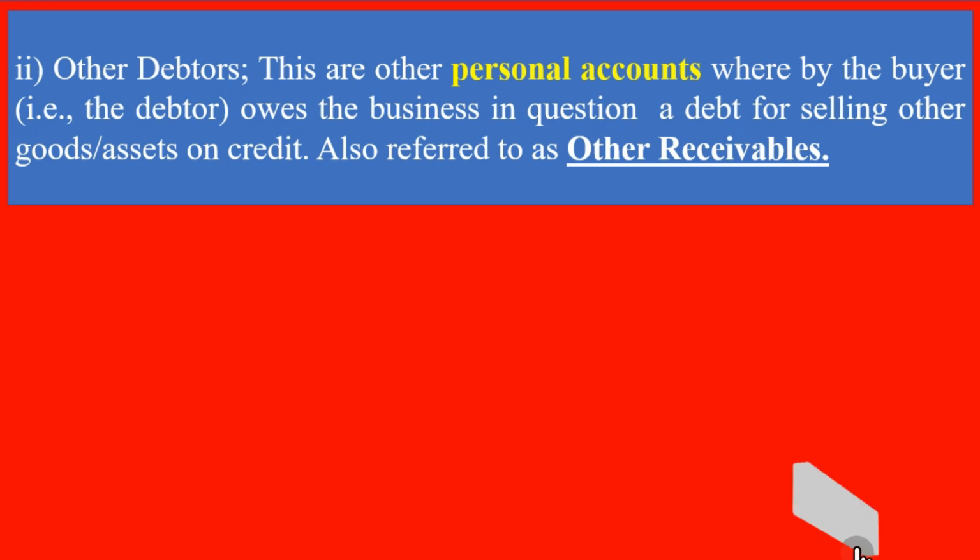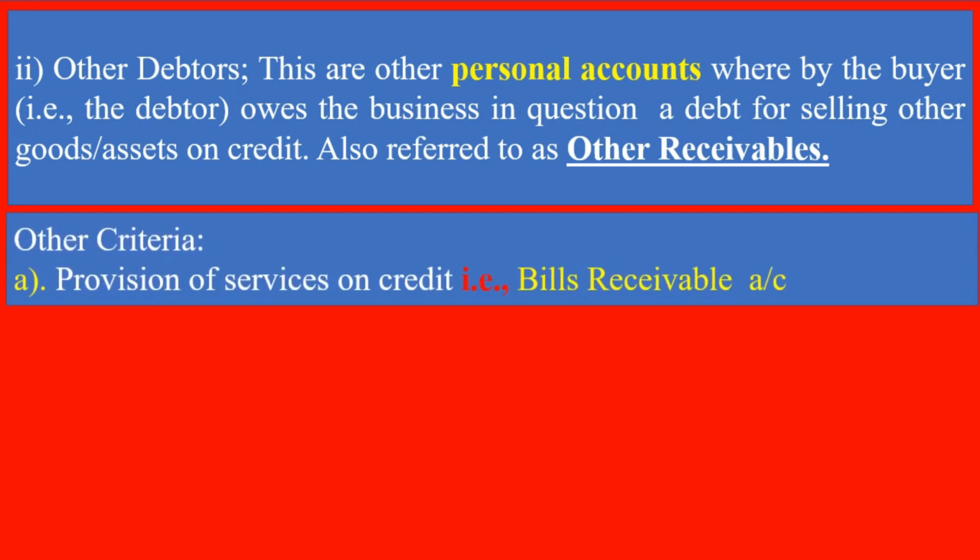Then we look at another criteria of classifying these debtors, and that is the case of other debtors. Now, what about other debtors? These are other personal accounts whereby the buyer, that is the debtor, owes the business in question a debt for selling other goods and or assets on credit, sometimes also referred to as other receivables.